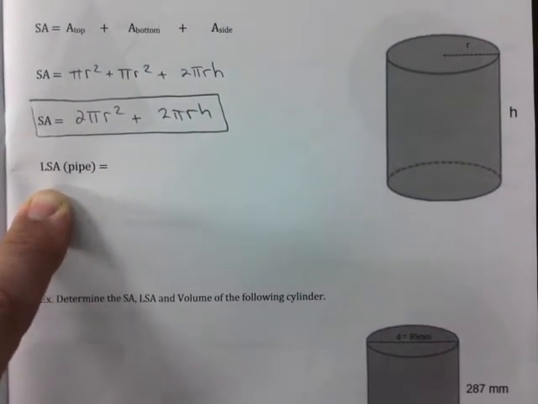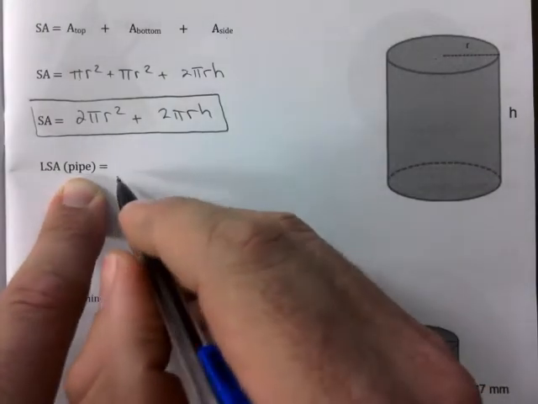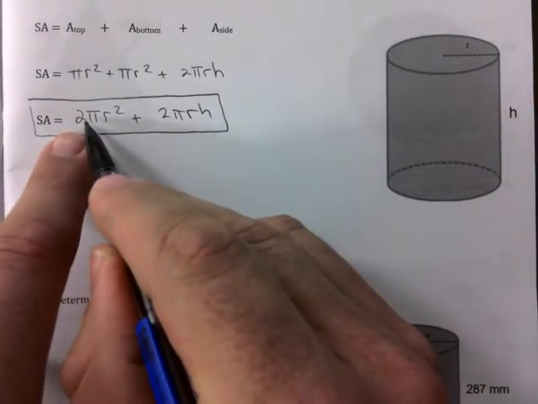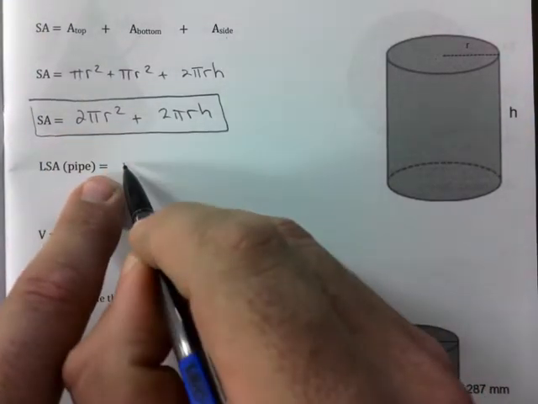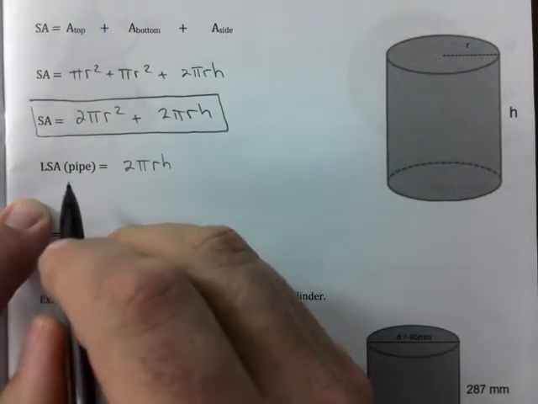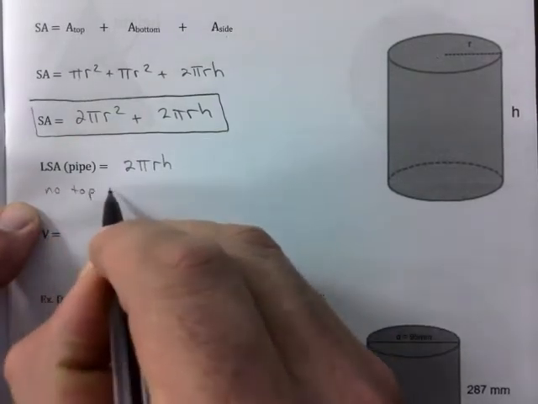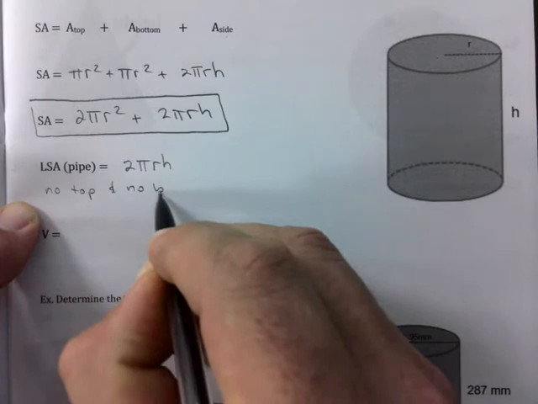If it's asking you for lateral surface area, it's basically a pipe where the top and bottom are not there. It's hollow. You would just omit the 2 pi r squared part, and it's just 2 pi rh. I will say no top and no bottom.